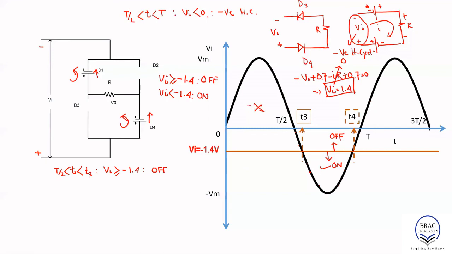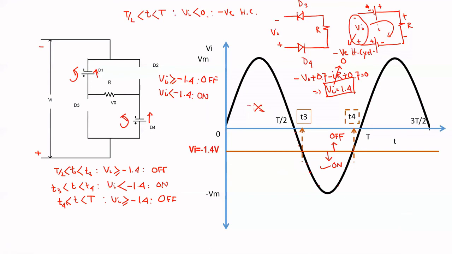So between T3 and T4, VI is less than minus 1.4, on, and between T4 and capital T, off. So we know the time interval when the diode is off, and the time interval when the diode is on.